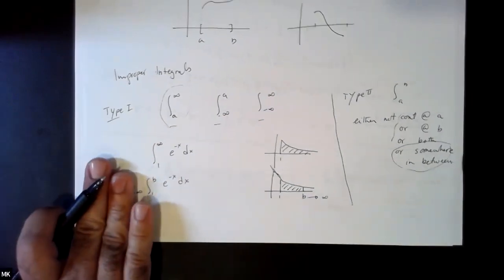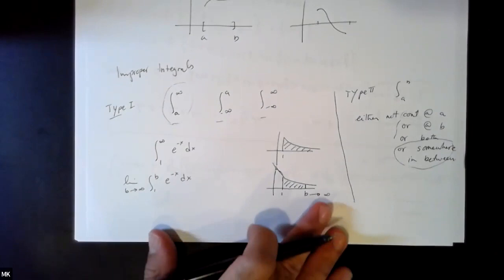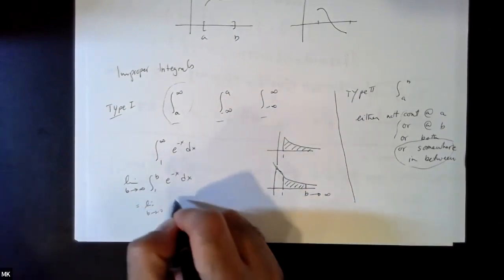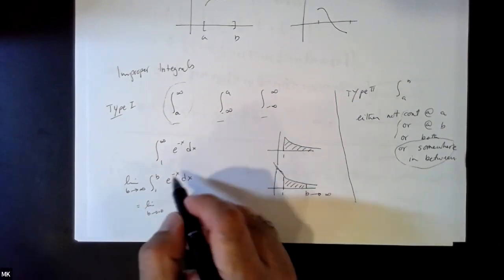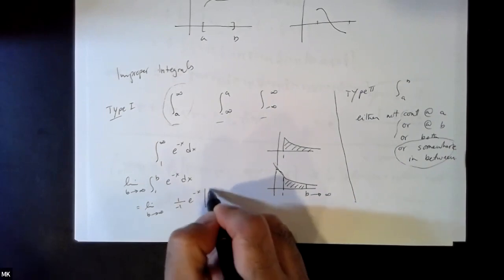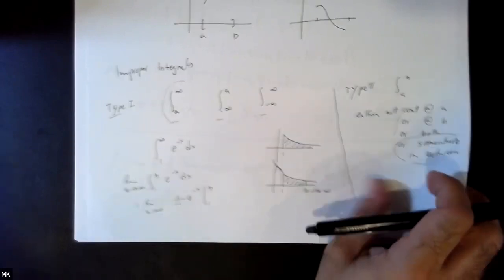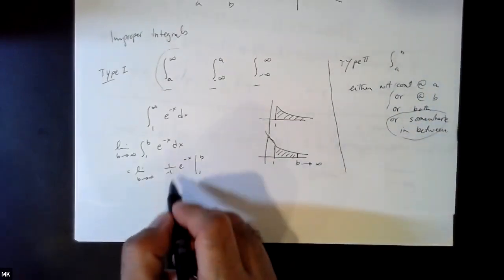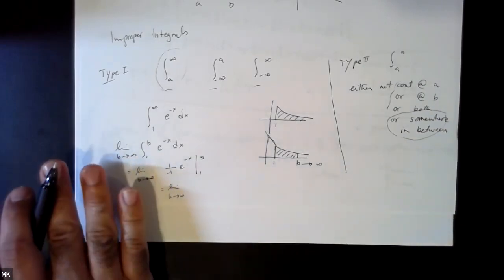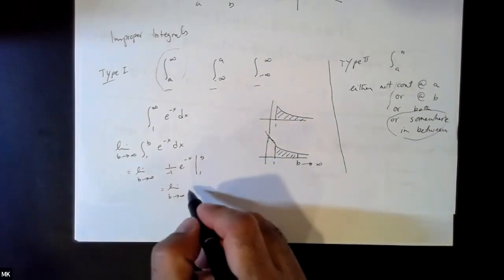Now this is a definite integral. I can calculate that. So that's going to be the limit as b goes to infinity of 1 over negative 1, because that's e to the negative x, as x goes from 1 to b. Of course, that's going to be a limit. Don't drop your limit, and make sure that your limit covers everything that should be under the limit.